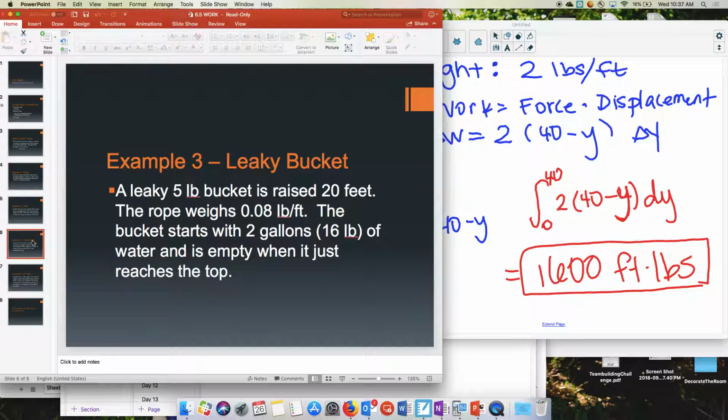The rope weighs 0.08 pounds per foot. The bucket starts with 2 gallons, 16 pounds, of water and is empty just in time to reach the top. What is the amount of work used to raise this up?